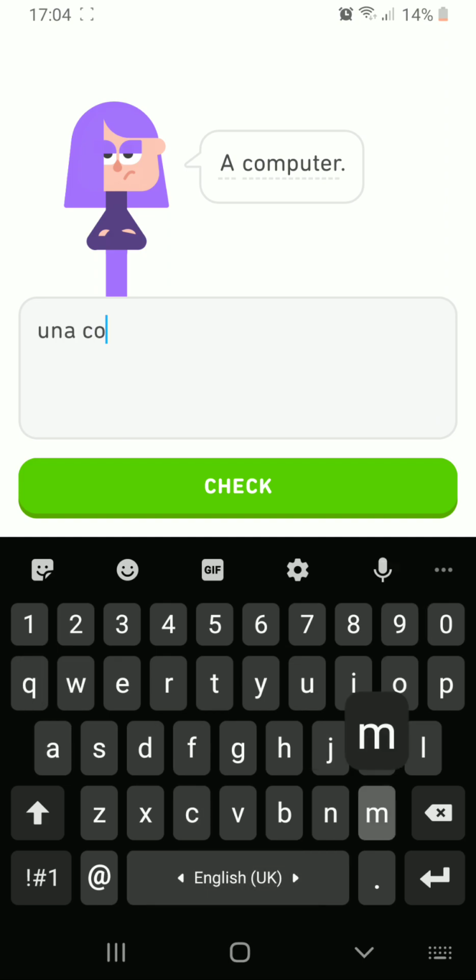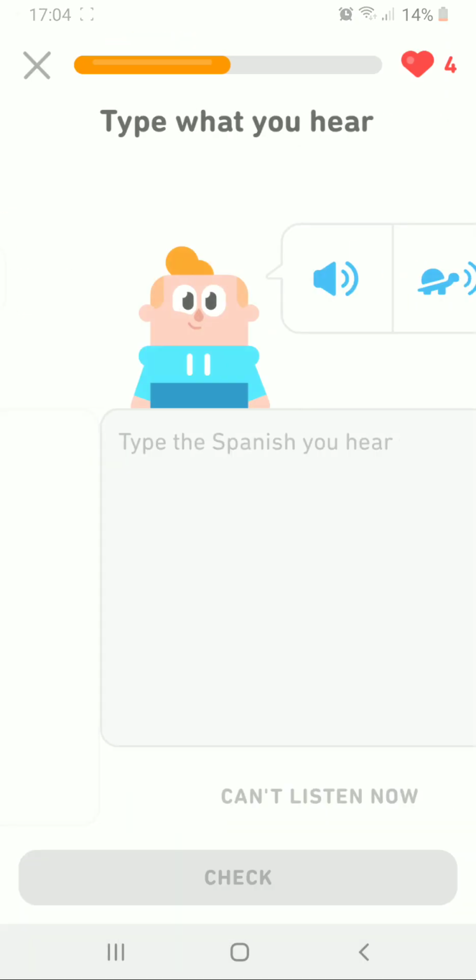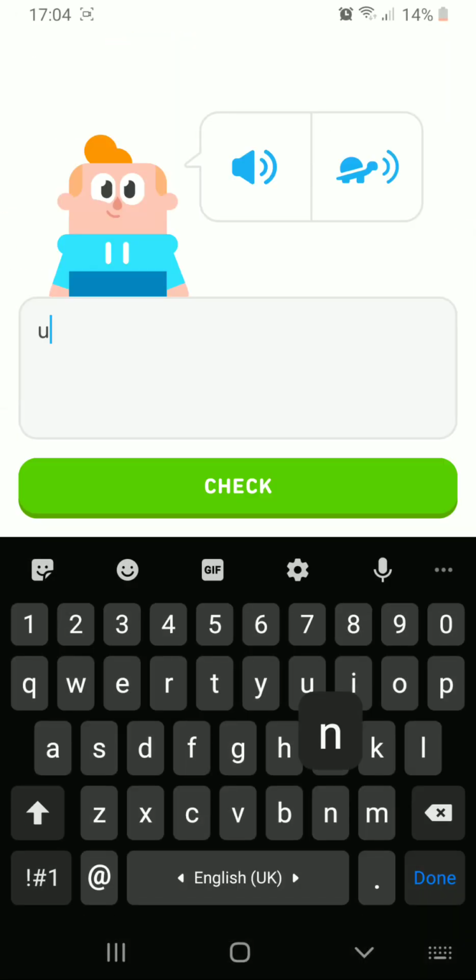Una computadora. Un maestro y un estudiante.